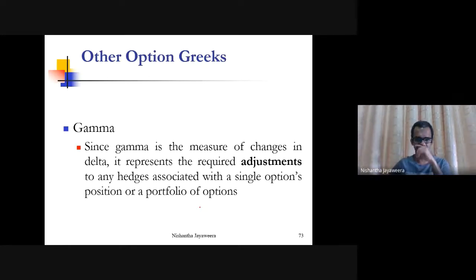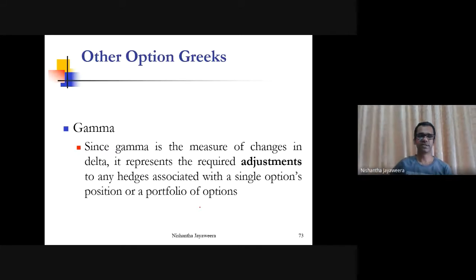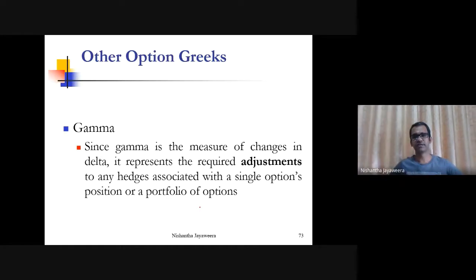Because if we use duration, it is a linear approximation. But when the yield is changed, duration changes, then our position changes. Then we need to do that correction. That's why we calculate the change in price considering the duration as well as the convexity. Likewise, here also in options, to maintain the hedge, we have to do that adjustment based on the gamma.